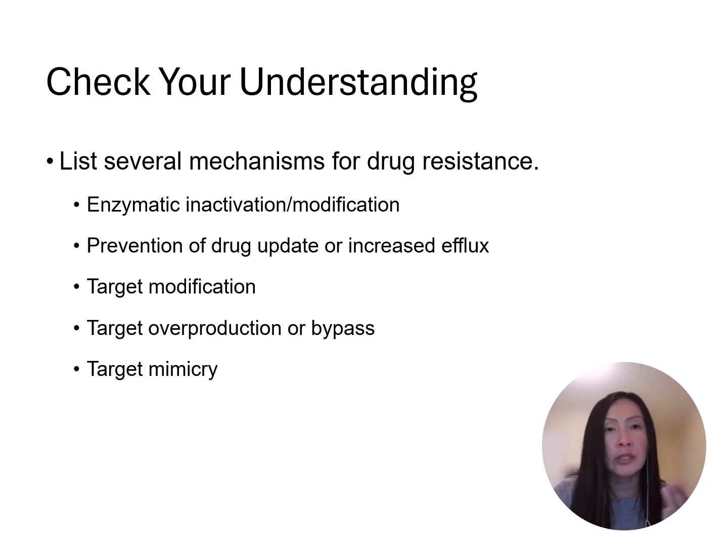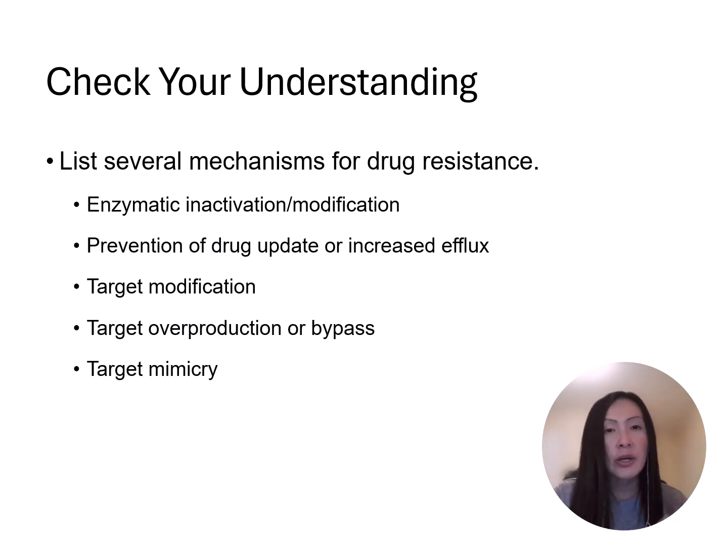For instance, we talked about MRSA, and they alter their penicillin binding proteins. The fourth one is target overproduction or bypass. This is when bacteria produce excess target enzyme or use some kind of alternative pathway. The example we talked about is sulfonamide resistance through overproduction of PABA.